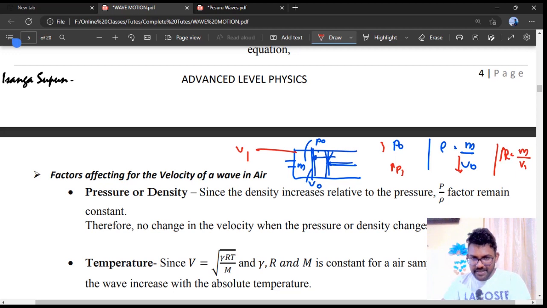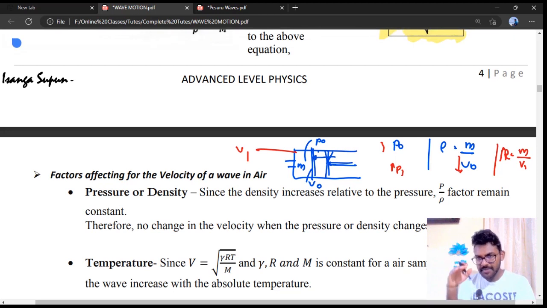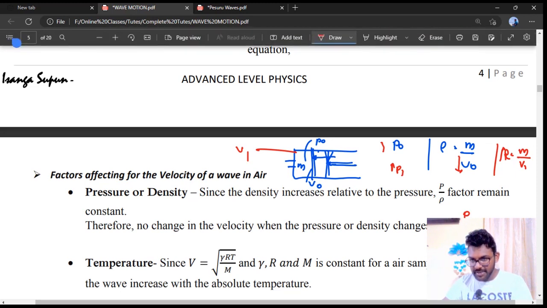So that's what it says. Since the density increases relative to the pressure, when you need to increase the pressure, you reduce the volume, and the density also increases. So if I consider the ratio between the pressure and the density, this one increases and this also increases.